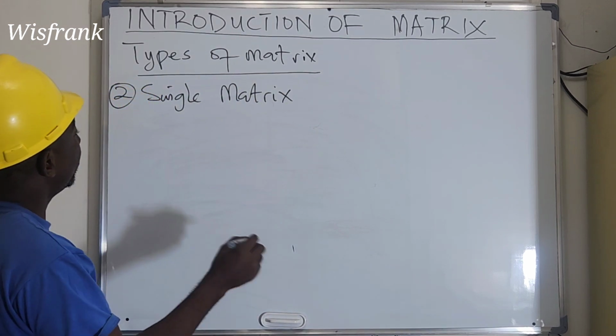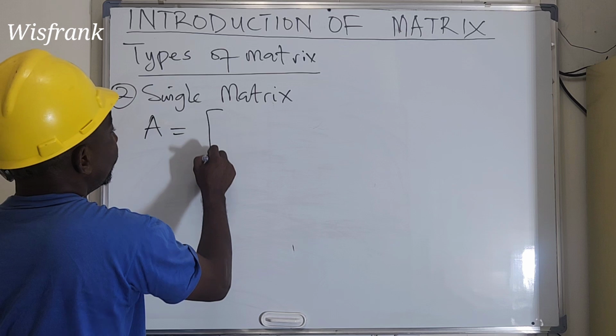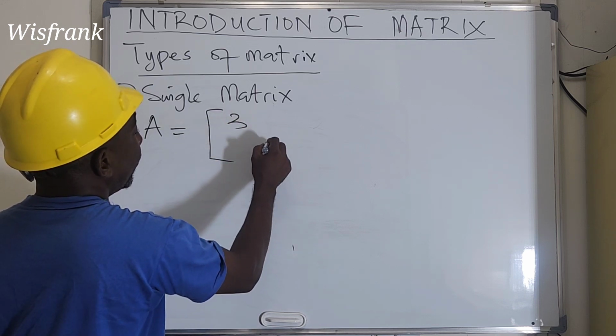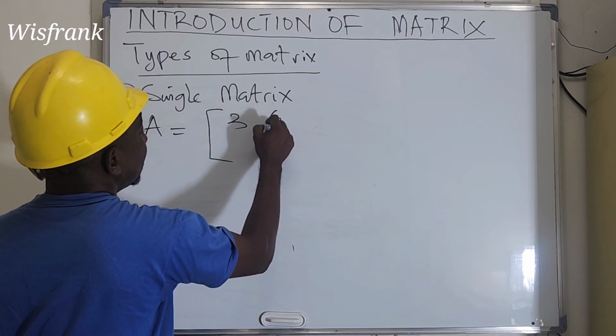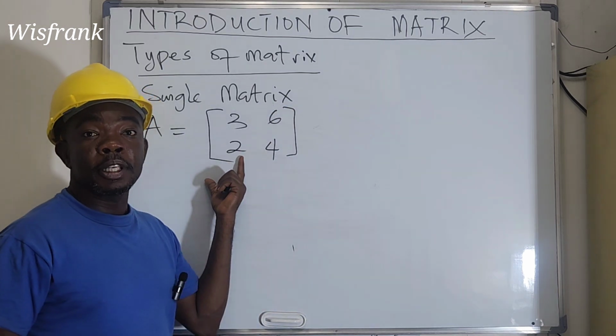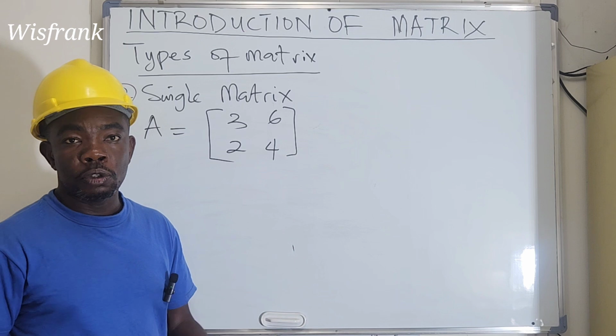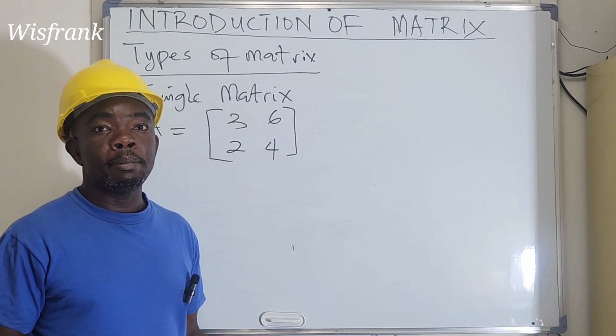In a singular matrix, let's say for example we have a matrix A equals 3, 4, 6, 2. The determinant of this matrix must be equal to 0. How do we find that determinant?